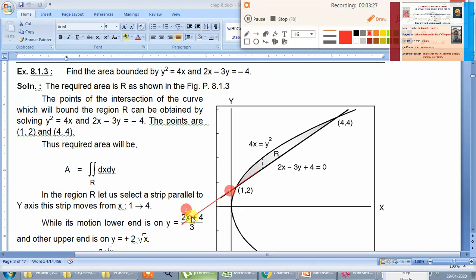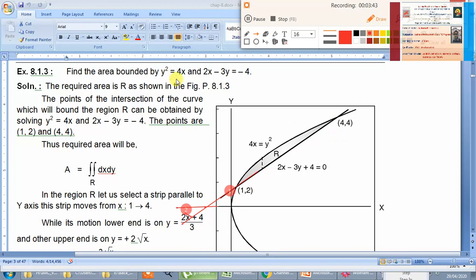So this is your second point, y equal to minus 2, x equal to 0. With that we can have a straight line like this, and we have the points of intersection of these two.